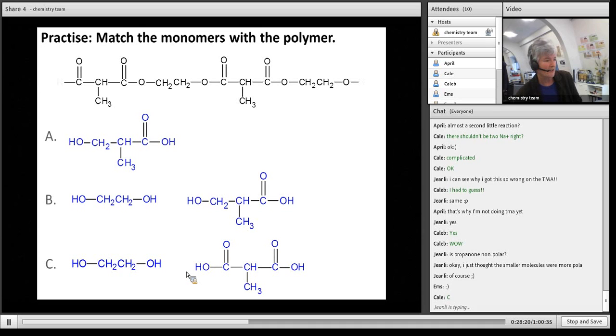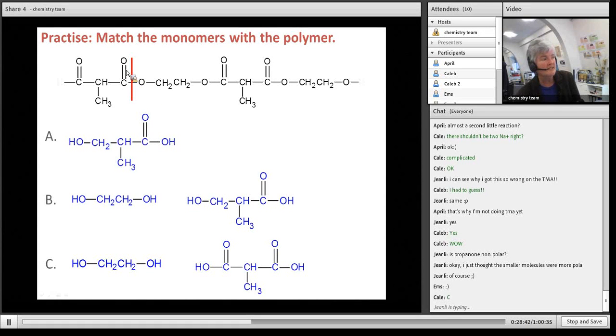C, and I think you are correct there, because I know it's certainly not monomer A. Remember, when you're looking for these things, look for the peptide links. And remember what I said last time, if it's like CON, well, this is COO. If it's COO, COO, COO, it's all in the same molecule.